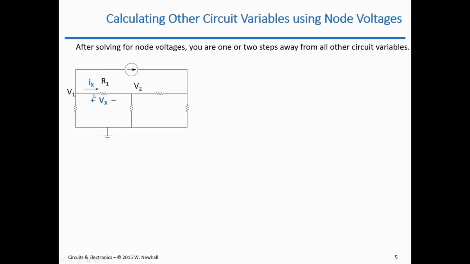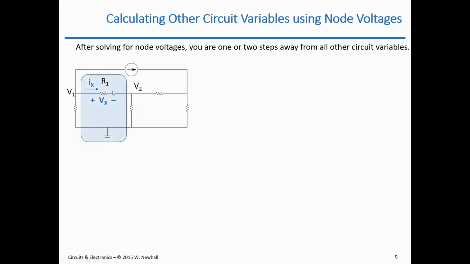And Ix is just a current through this resistor. And again, I'm going to show you that you are a step away from calculating power and current once you know the node voltages. And also, this is going to show you a way to write equations for node voltage analysis just by looking at the circuit. I'll show you what I mean.